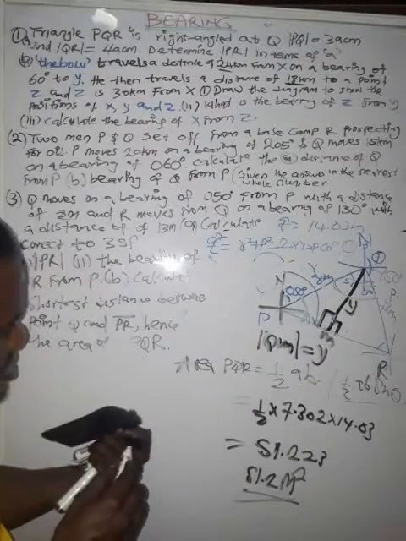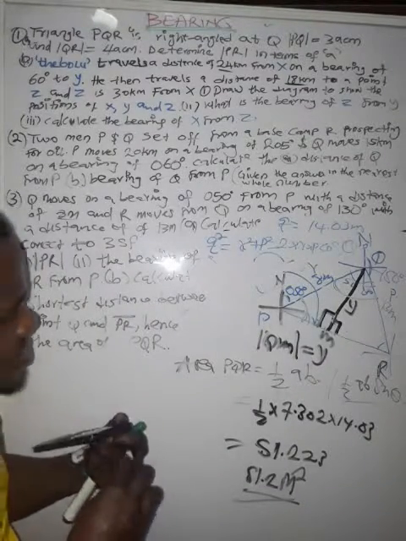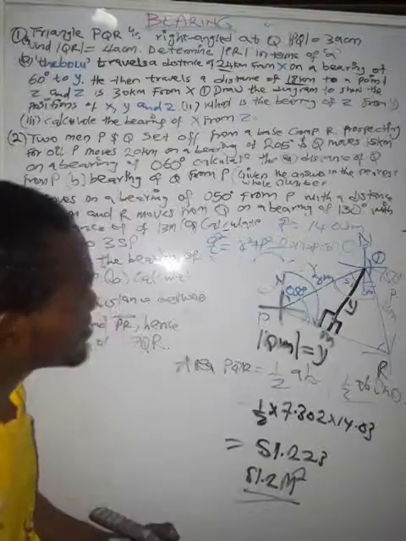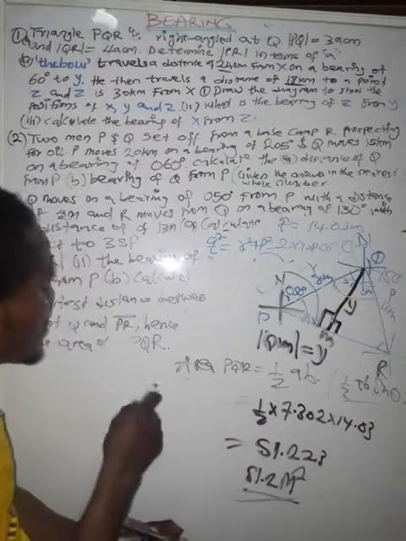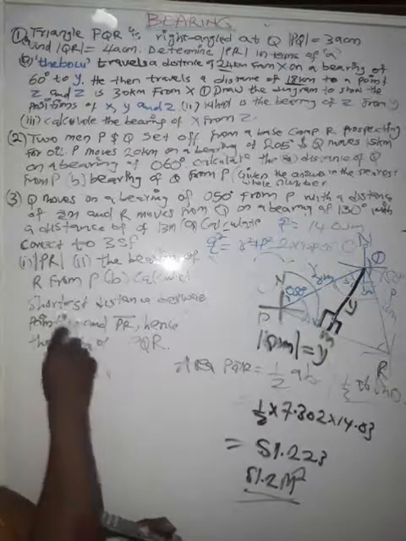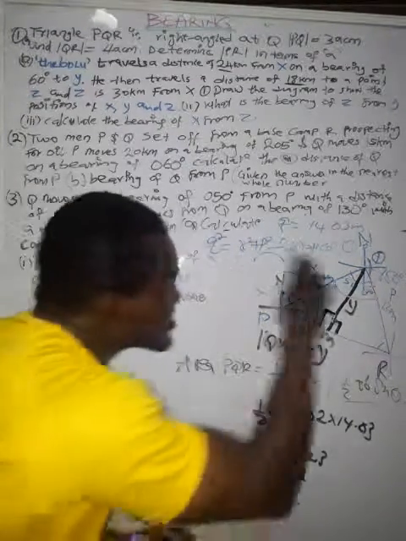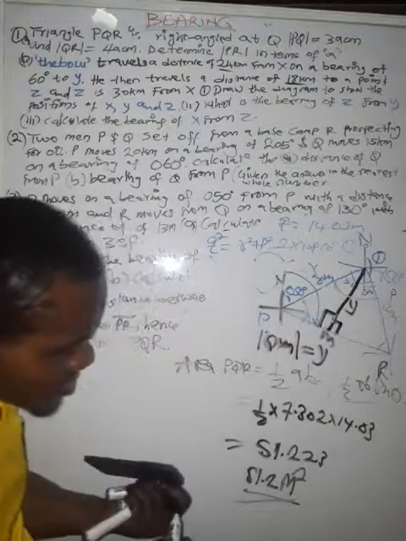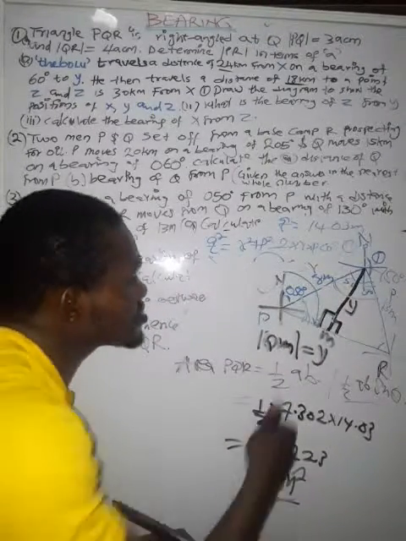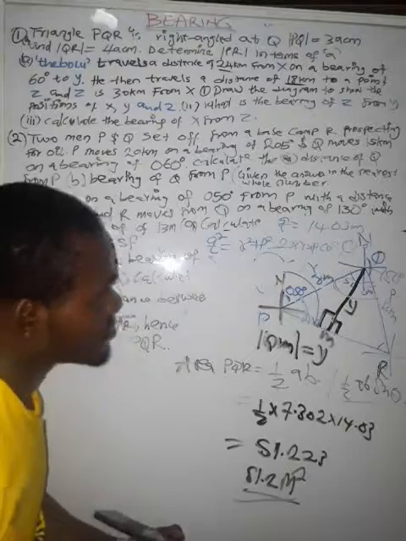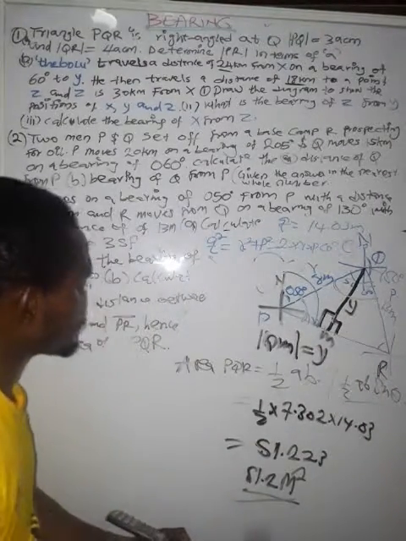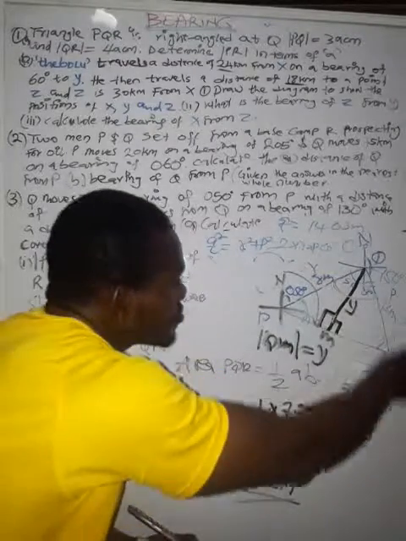So that is how to answer this one. Don't forget, in bearing, they didn't even ask you for the shortest distance, they said find the area. So it is left for you to first calculate the height, which is just the shortest distance between Q and this line. Then we find the area of PQR.